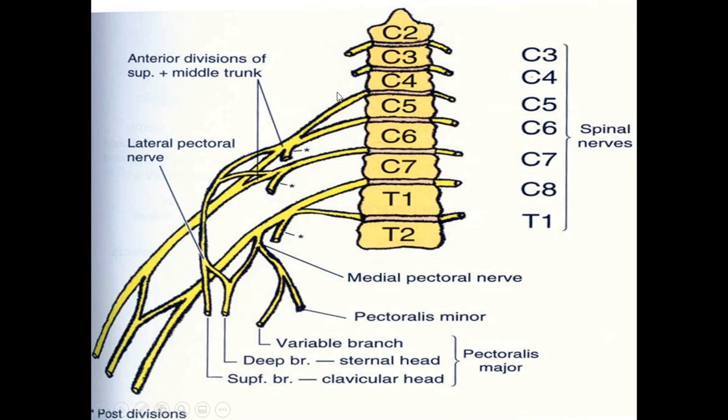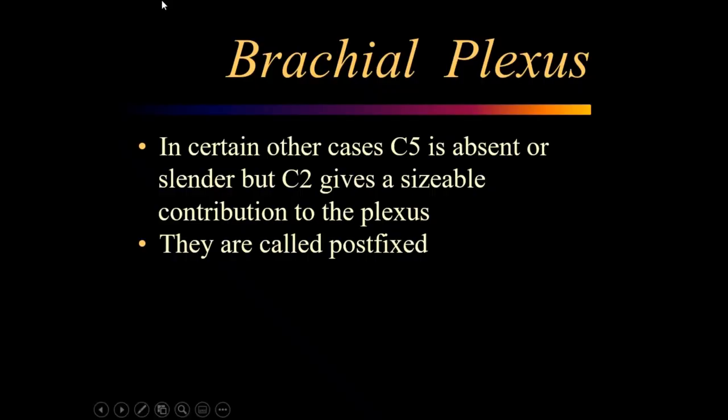Sometimes C4 may give a twig and T1 will be absent. Then that type of brachial plexus is called prefixed. In some cases, C5 is absent and C2 gives a contribution, then that type will be called postfixed. So now you have understood the normal formation of the brachial plexus and the variants called prefixed and postfixed.